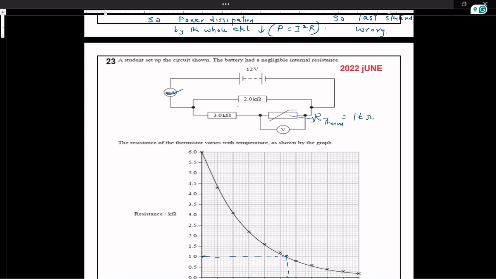But we know that the voltage drop across these two branches remains the same. So here I have the voltage across the resistor, and here I have the voltage across 3 plus the resistance, what we are getting now. So 3 plus R of the thermistor. So it remains the same.